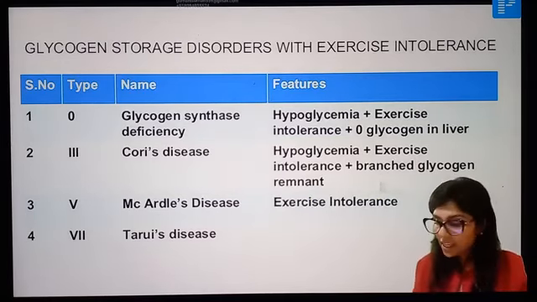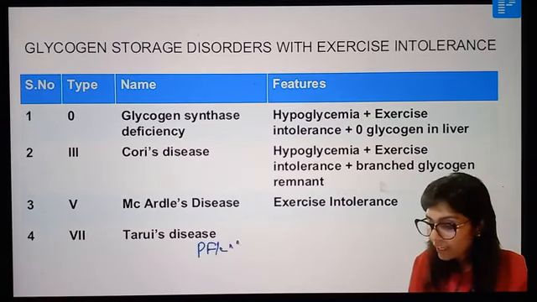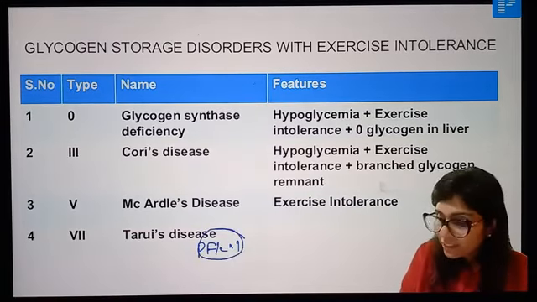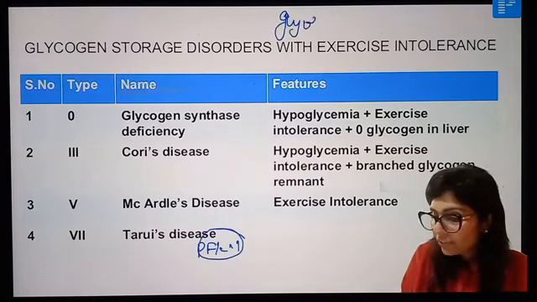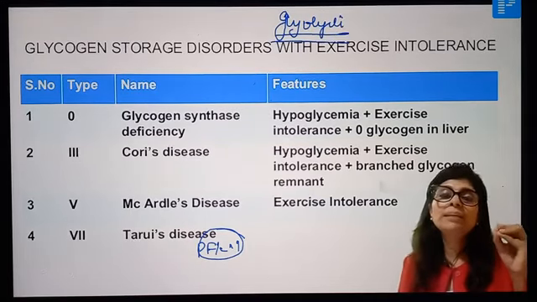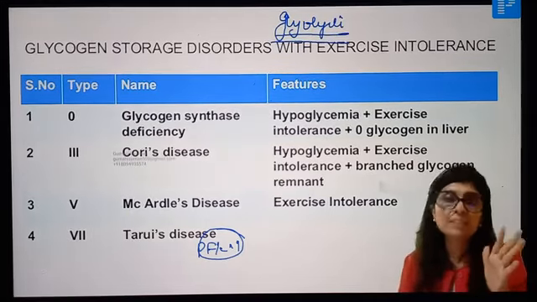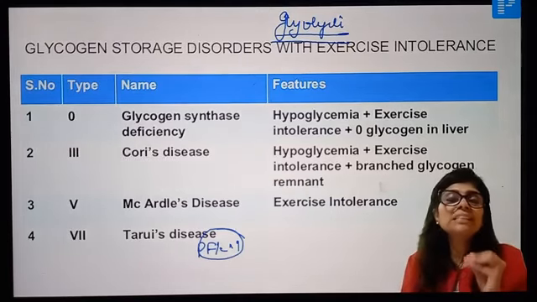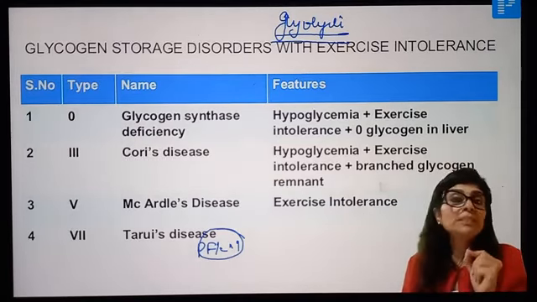Tarui's disease. Phosphofructokinase 1 is defective. So which pathway is defective? Glycolysis is defective. Whenever there is a glycolytic enzyme defect, any cell which is dependent on glycolysis will be affected. So for which cell is glycolysis indispensable? For RBCs.